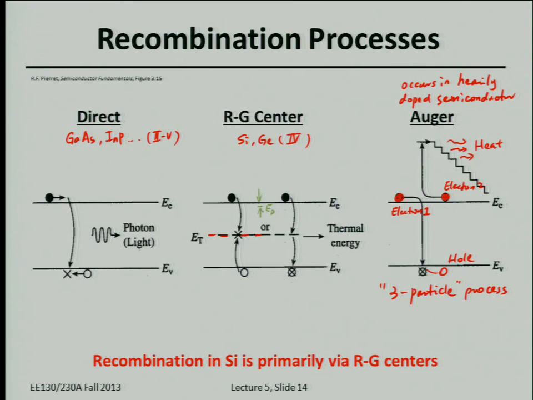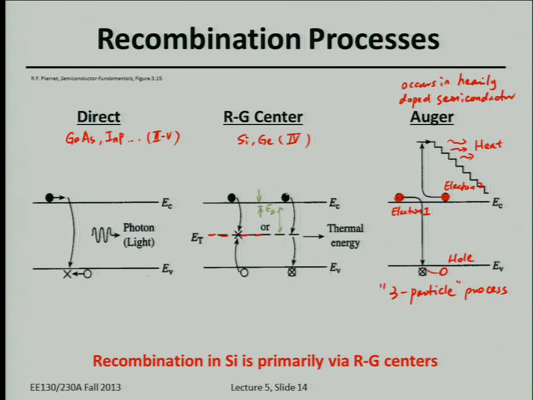An electron coming to a phosphorus atom might get trapped temporarily, but it'll be easily re-emitted, escaping from that trap state. So it won't stay in that energy level for very long. But if it's near mid-gap, it'll take a lot longer because you need more thermal energy to escape this trap. So an electron will tend to stay in a mid-gap trap longer, so the chances of a hole coming by and recombining are greater.